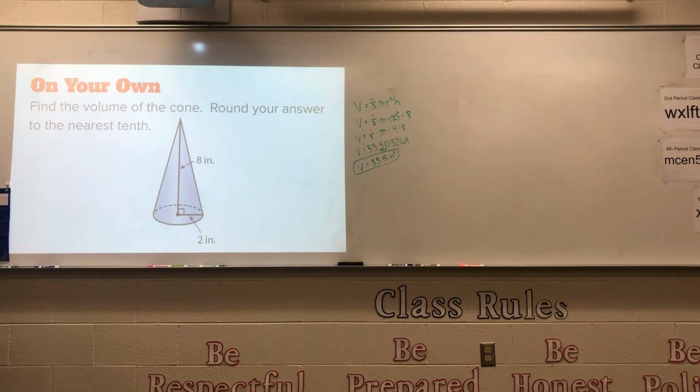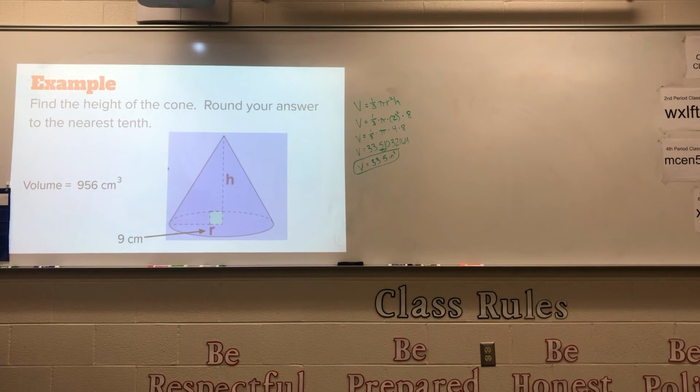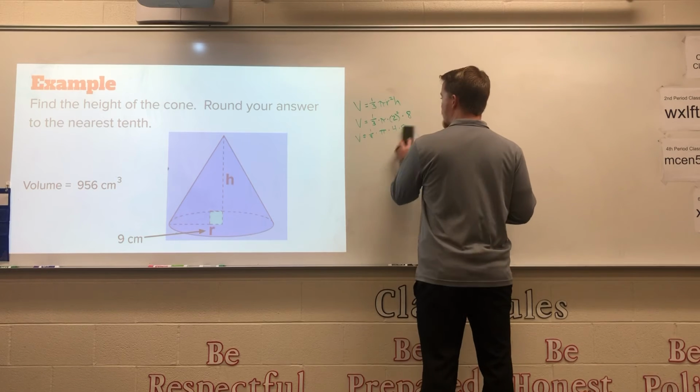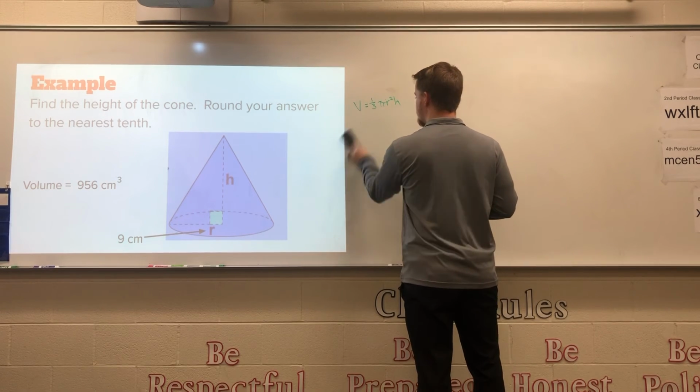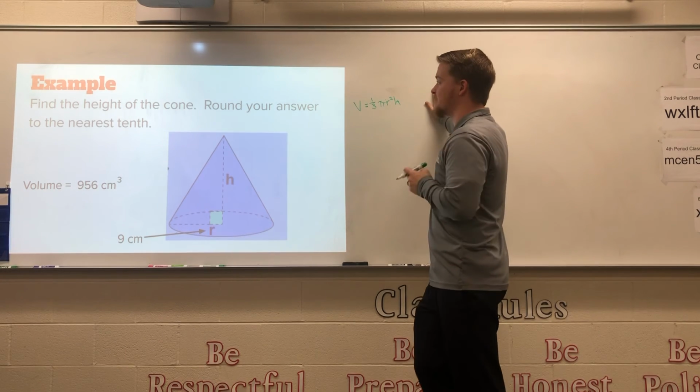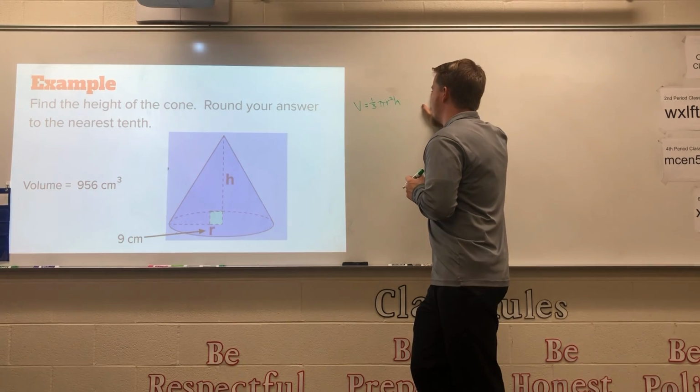Okay, and then lastly, they will also give you the ones like this, where it is finding the height. They give you the volume and the radius, and they ask you to find the height of your cone. Okay, so here it says find the height of the cone, round your answer to the nearest tenth. I'm going to plug in what I know.